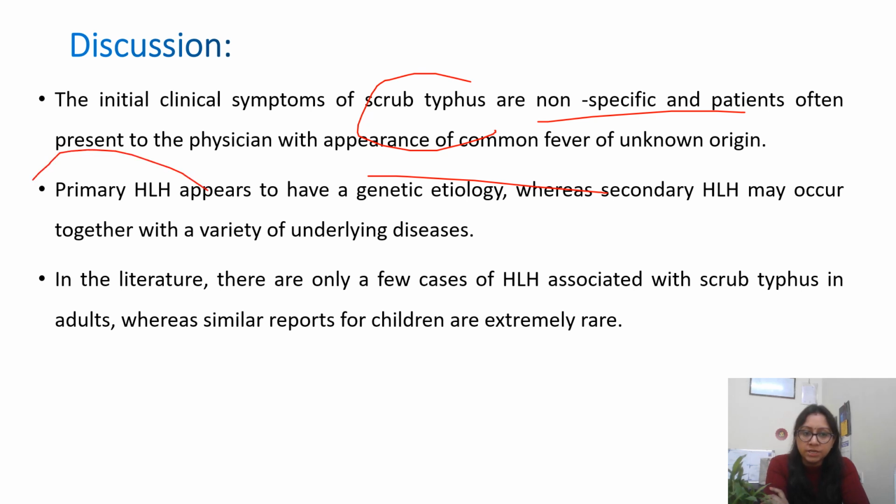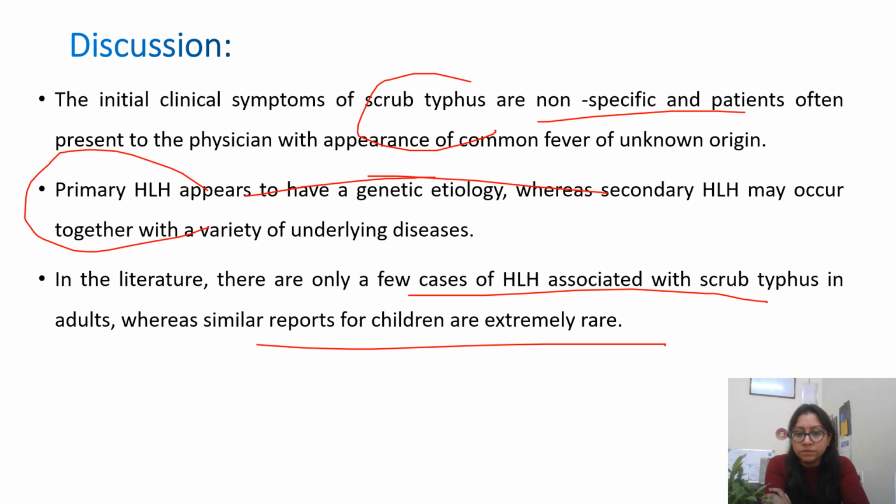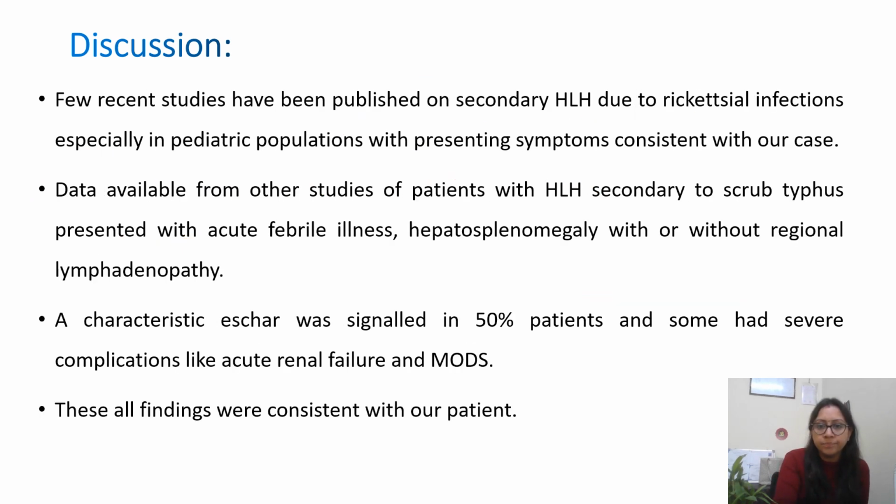And this was secondary HLH when it occurs in association with any underlying infection, whereas primary HLH has a genetic etiology. So very few cases of HLH associated with scrub typhus have been reported in adults, and similar reports in children are very rare. So we are discussing HLH case in one adult male and one pediatric patient.